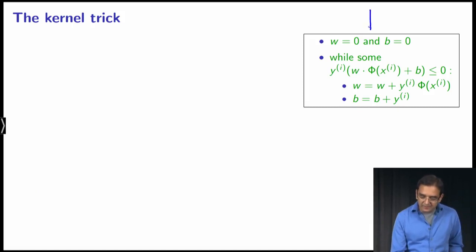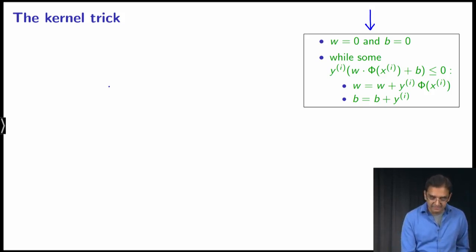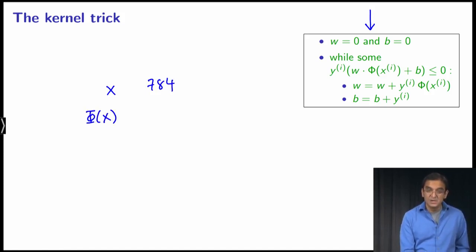So here's the algorithm that we want to implement, the perceptron algorithm with basis expansion. Now, a bunch of the vectors that we're dealing with over here are potentially very high dimensional. So in the case of MNIST, the x's are 784 dimensions. The phi of x's, we said, are over 300,000 dimensions.